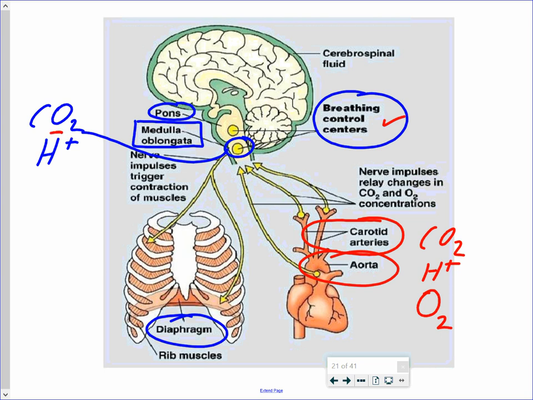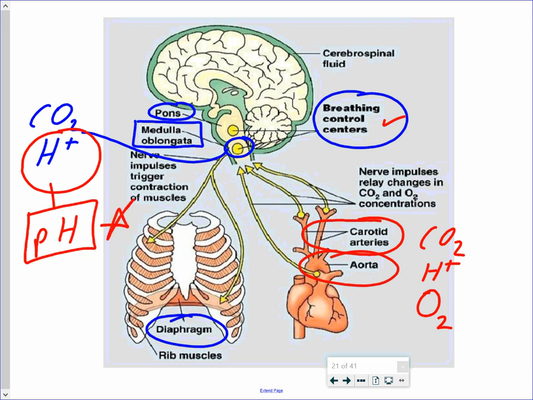Now, the major factor that does control breathing is this one here, because the number of protons does have an influence on pH. And pH is something that needs to remain under very, very fine control in your body. So very, very slight changes in pH are going to change the breathing rate.